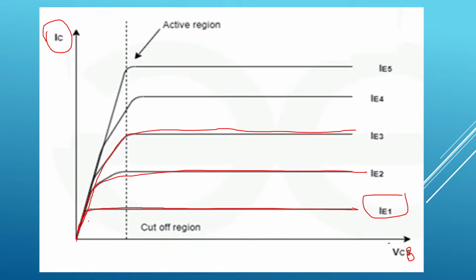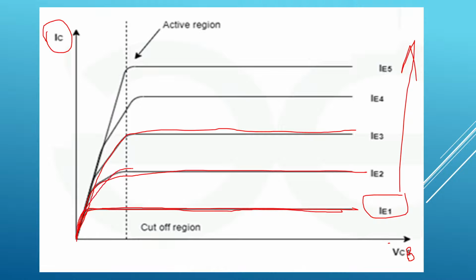If you observe carefully, IE is gradually increasing. When the emitter current is low, initially as collector base voltage increases, IC will increase. After that, it becomes constant.